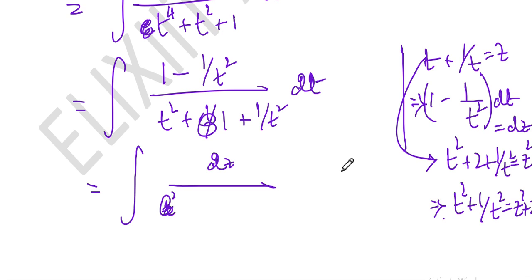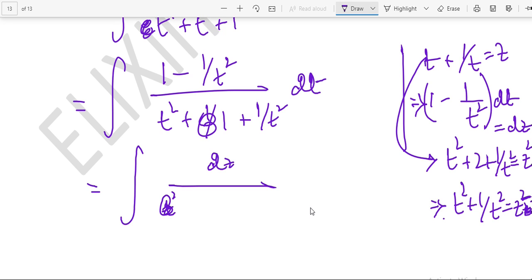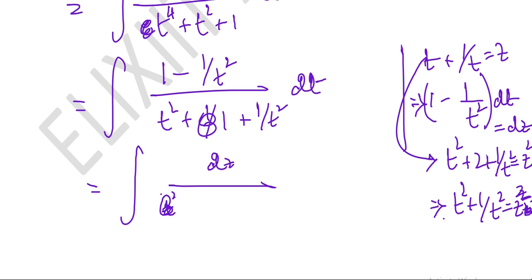Now this became 1 minus 1 by t square, that's all. So t square plus 1 by t square is z square minus 2, since this was minus 2. So basically, t square plus 1 by t square is z square minus 2, and plus 1 gives z square minus 2 plus 1.